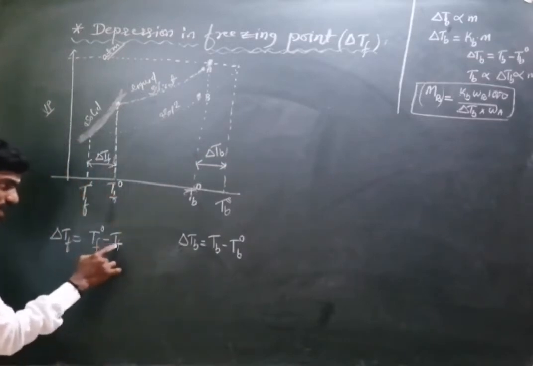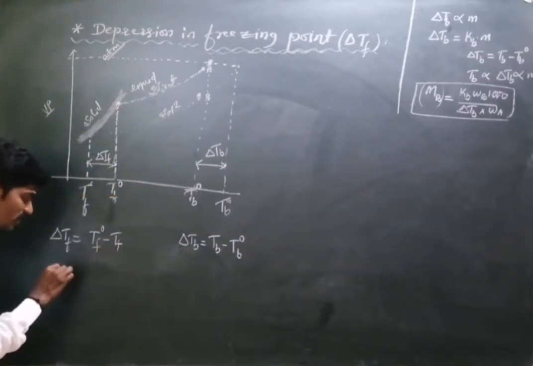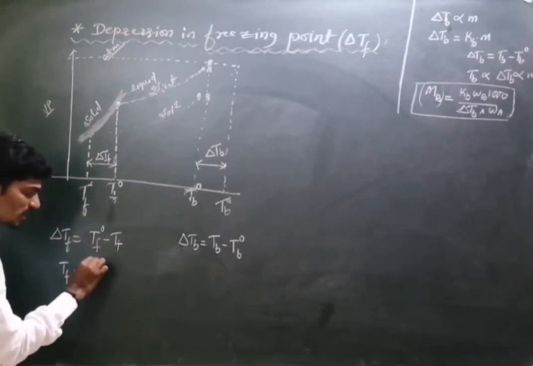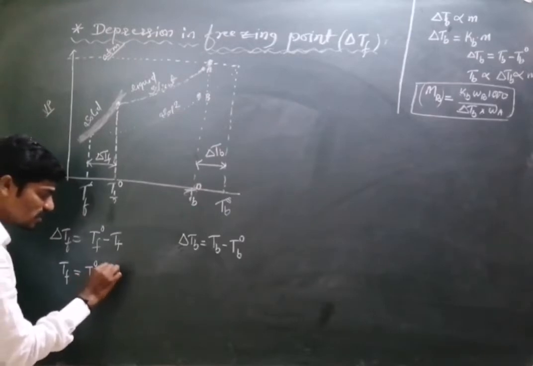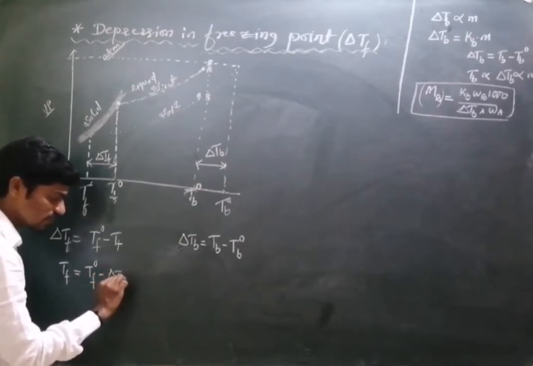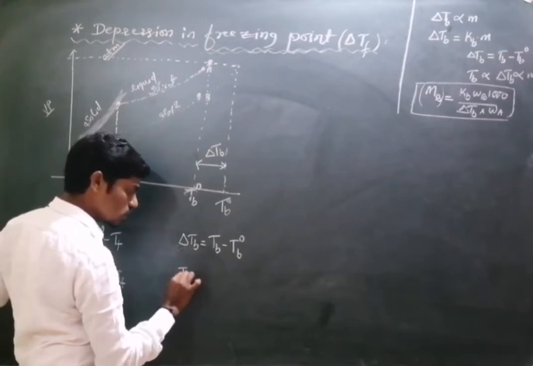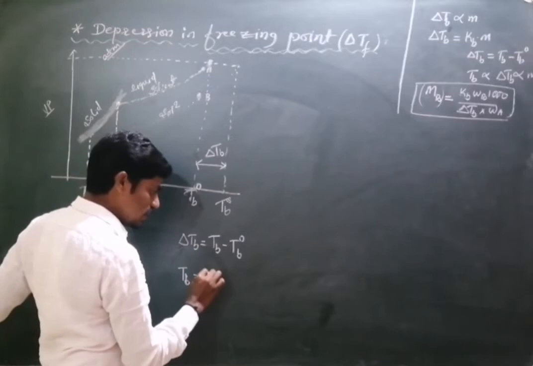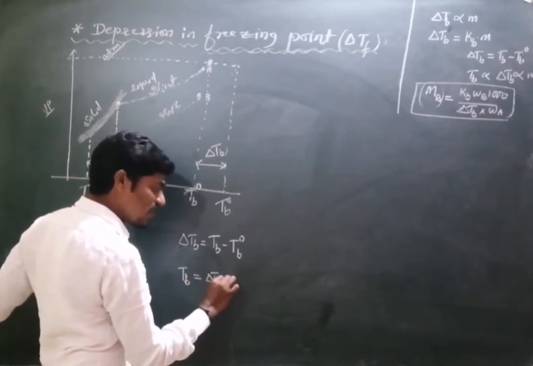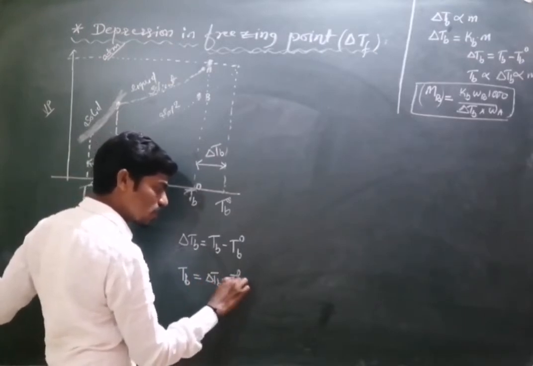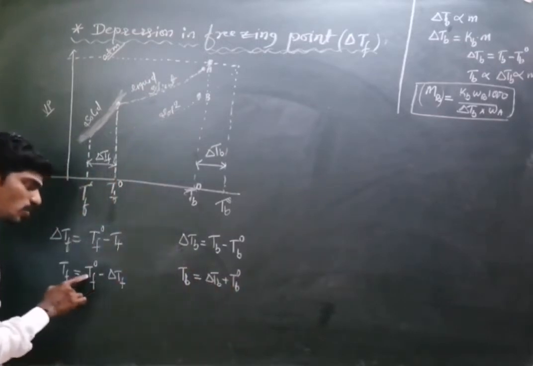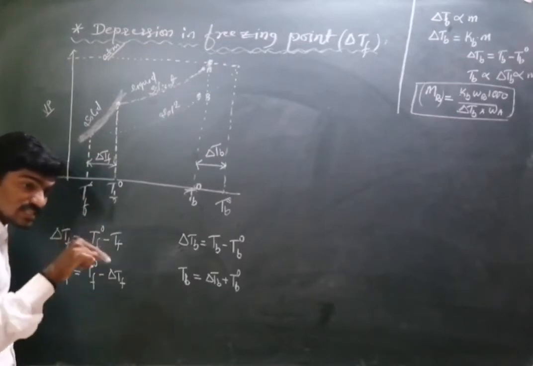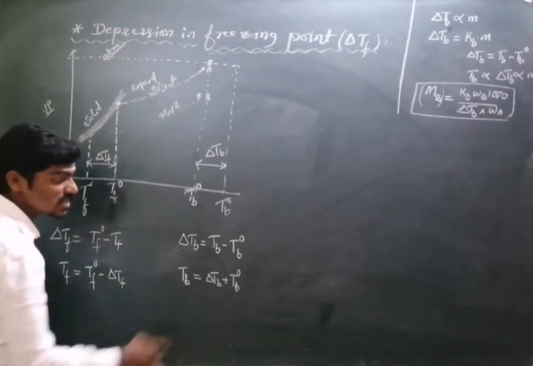So here if you want to calculate TF, that is the freezing point of a solution, TF is equal to T naught F minus delta TF, whereas TB, the boiling temperature of a solution, is equal to delta TB plus T naught B. Since T naught B and T naught F are constant, as the molality, that is the concentration, increases, these terms increase.